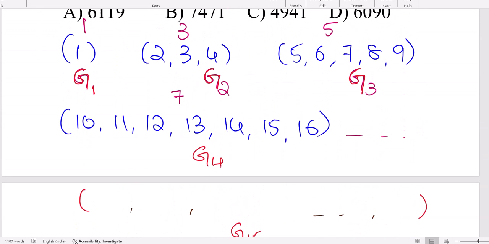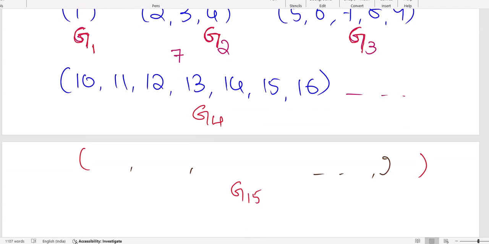What is the second group's last number? 2 square. Third group's last number is 3 square. Fourth group's last number is 4 square. Now the 15th group's last number is 225. The 15th group's first number is 197, right?